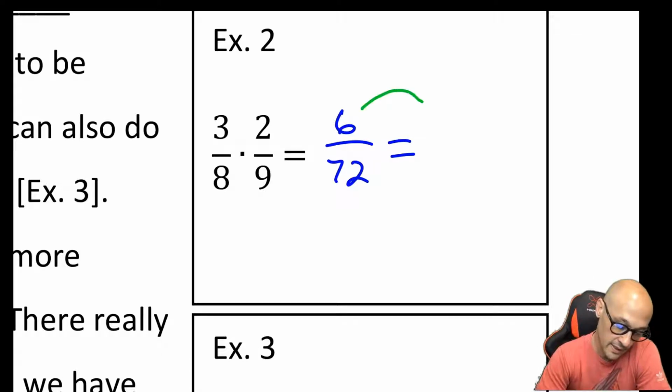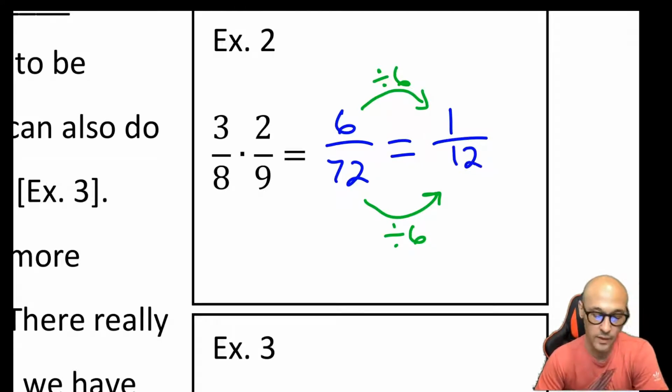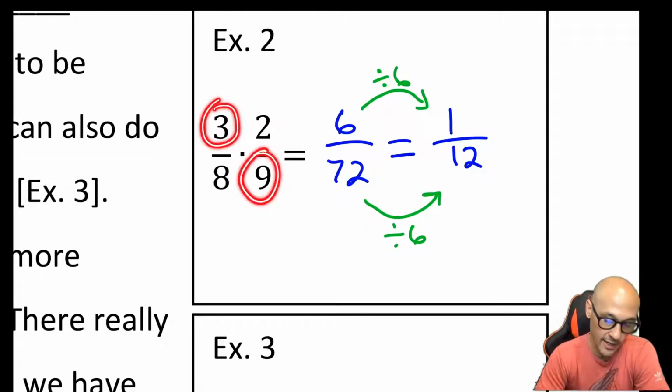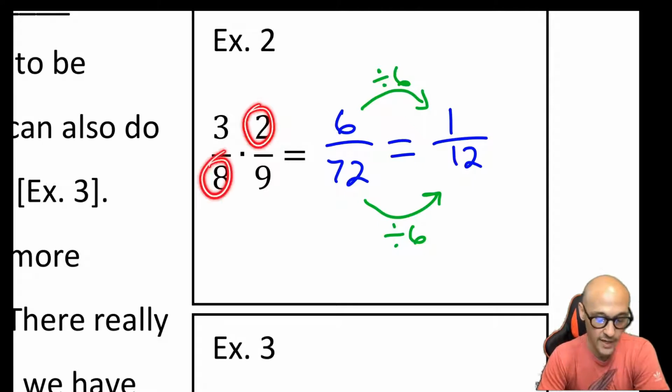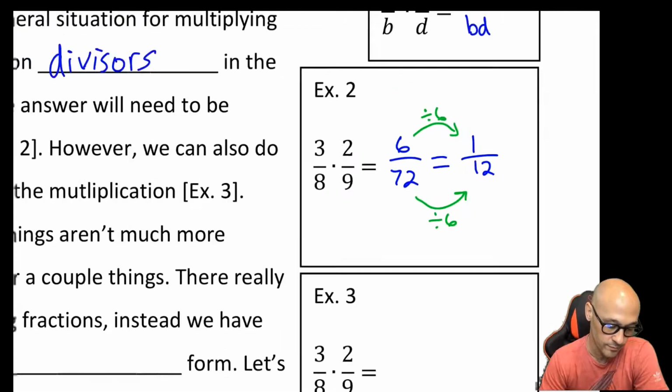So 6 divided by 6 is 1, and 72 divided by 6 is 12. So we can see here that 3 and 9 are both divisible by 3, and 2 and 8 are both divisible by 2. They don't need to be in the same fraction.